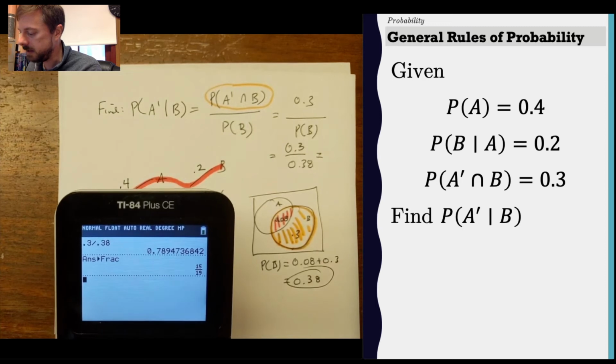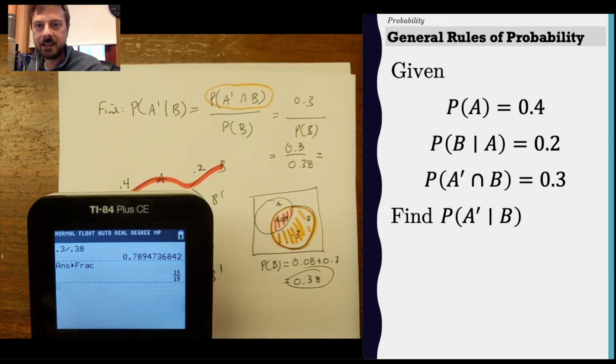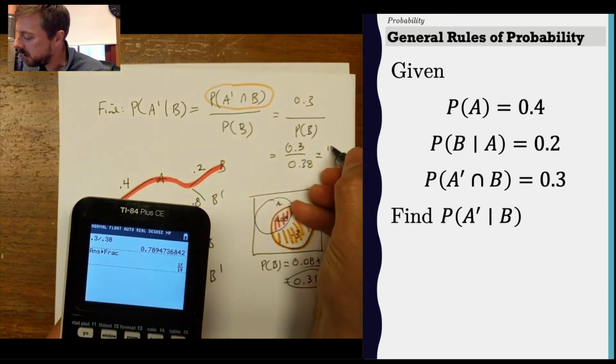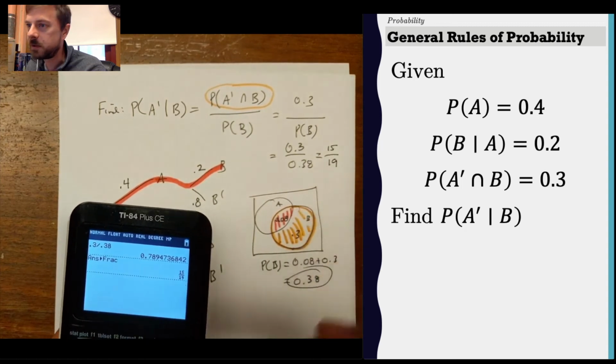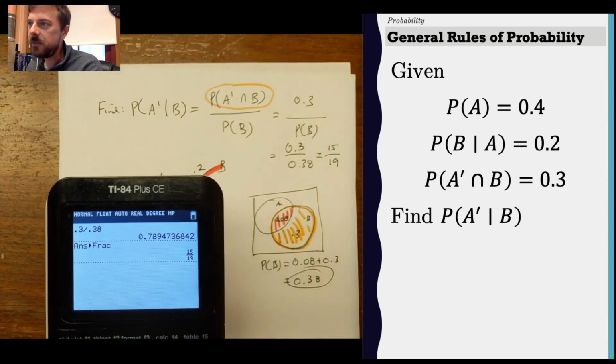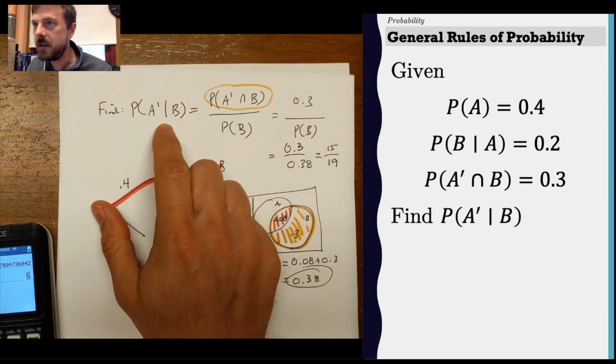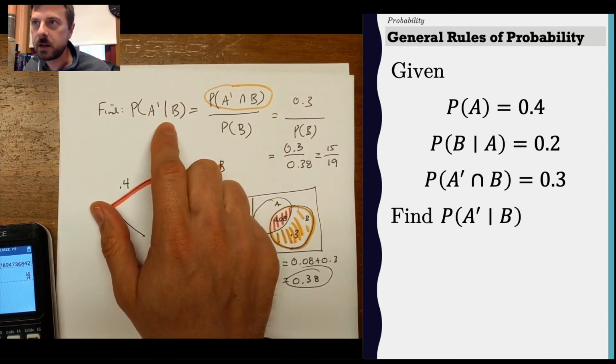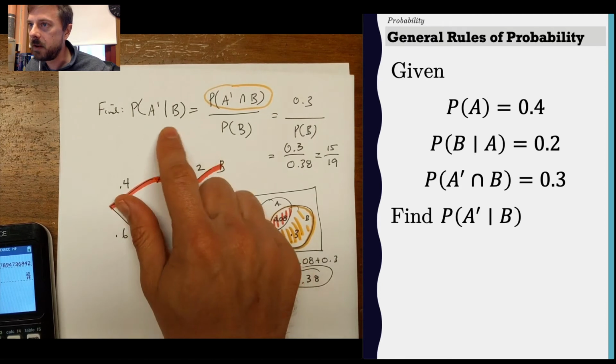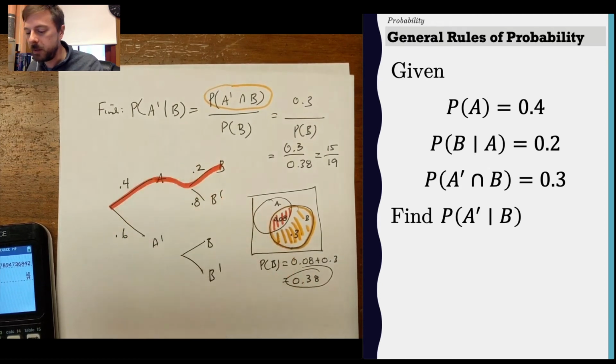Let me see. Ooh, that's a better answer, 15/19. I always prefer to write it as a nice fraction. So the probability of not A, given that B occurs, in a world in which B occurs but A does not, is 15/19.